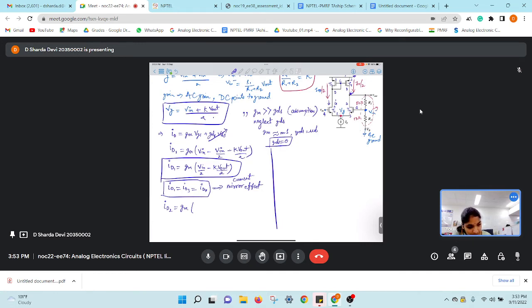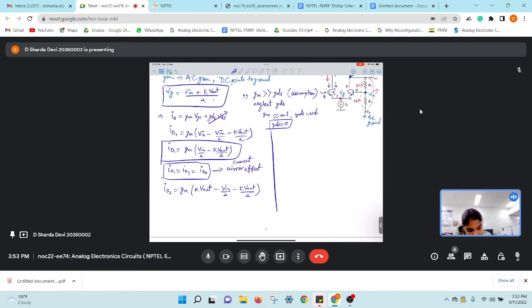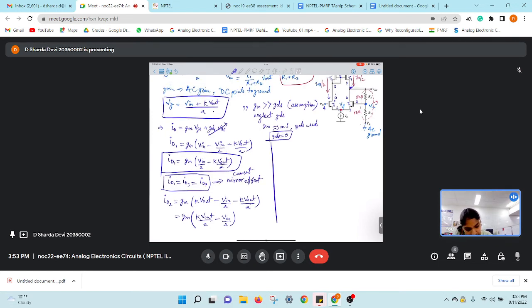So that is KV out minus VN by 2 minus KV out by 2. Right? So how much does this become? GM times KV out by 2 minus VN by 2. So if you observe it carefully, what will be the direction of this current? The direction of ID2 in transistor 2 will be upwards.